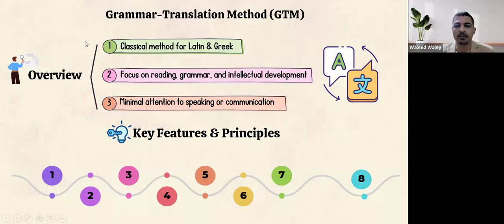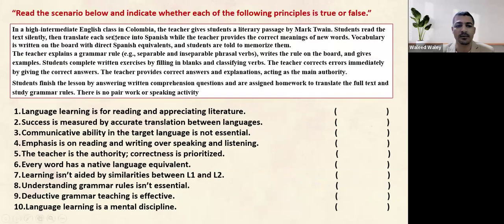And this method, as most methods, has some important principles. To know the principles and the key features of this method, you have to read this scenario. I want you to read the scenario below and indicate whether each of the following principles is true or false, in other words, which of these are the principles of the method.